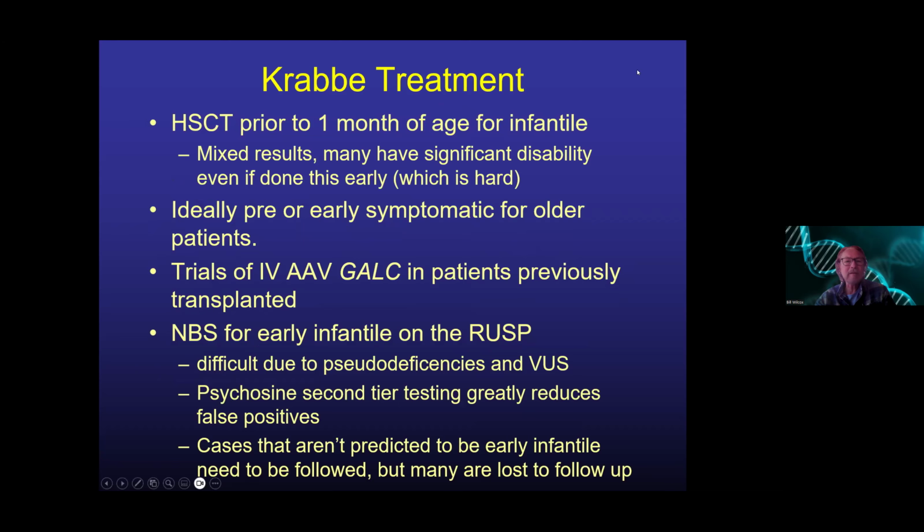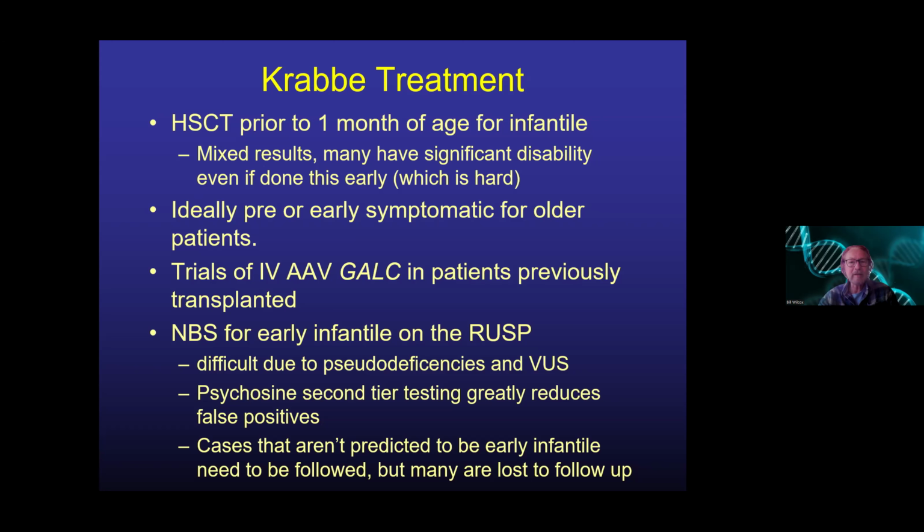So what's the treatment? At least for the infantile form, transplant prior to a month of age. This has had mixed results. Many have had significant disability, even if done this early, which I can tell you is not easy to do.